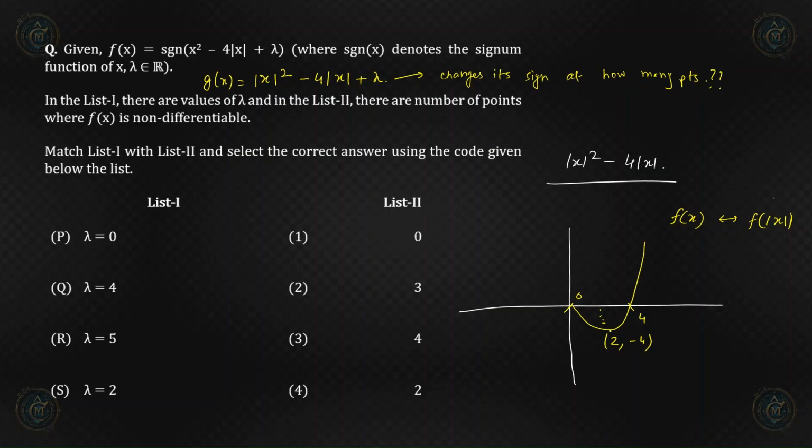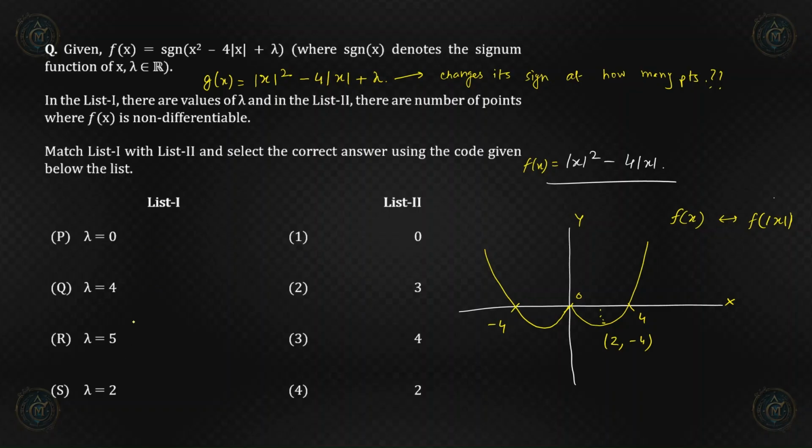So instead of this part, we have the mirror image of the right hand side about this y-axis. So the graph looks like this. So this point is minus 4. So this is the graph of f(x) equal to mod of x square minus 4 mod x.